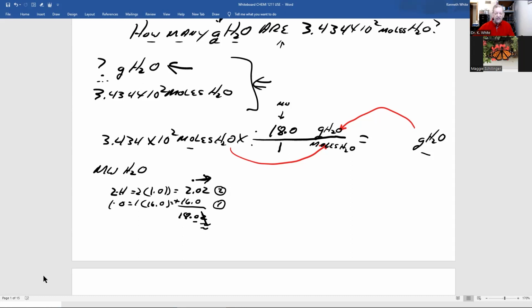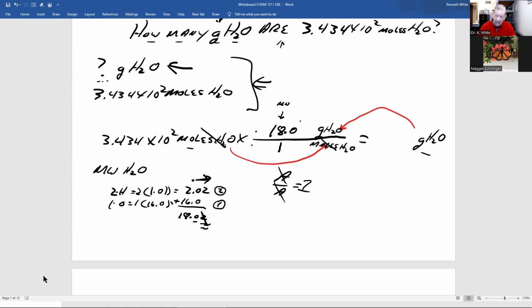How do we get this? 1 mole of a compound equals the molecular weight of that compound. Now, before I pick up my calculator, I'll check whether my units cancel out to give me the right units. Moles of water divided by moles of water, anything divided by itself equals the number 1, which means it cancels out, and I'm left with grams of water.